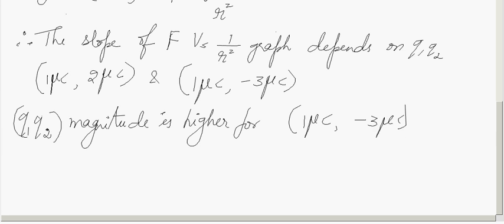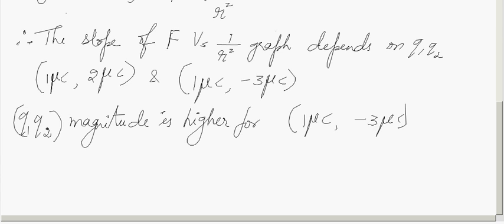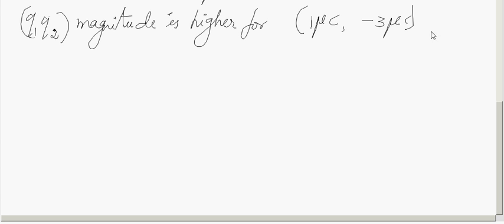So if you plot a graph of force versus 1 by r square, the slope is higher for the second pair.